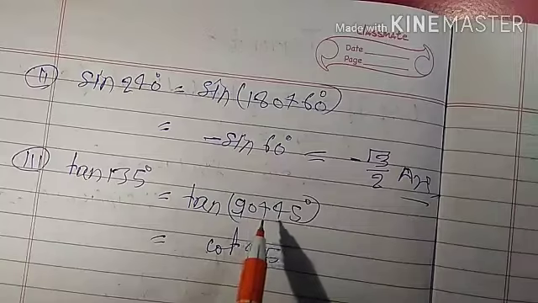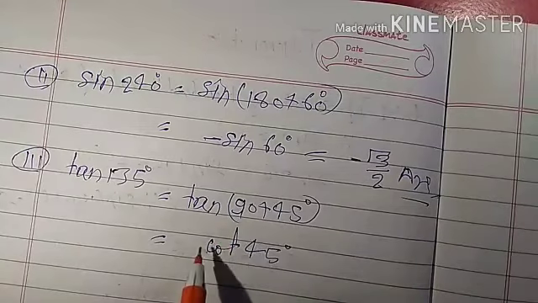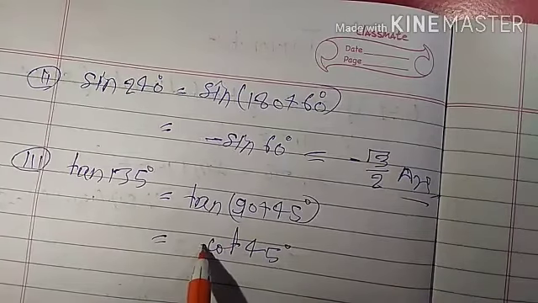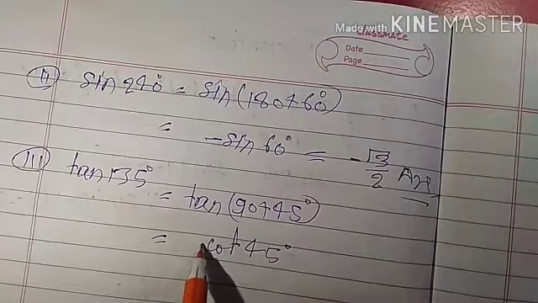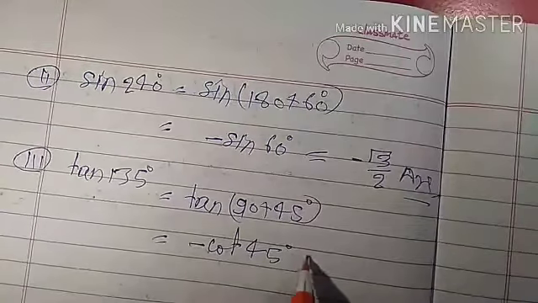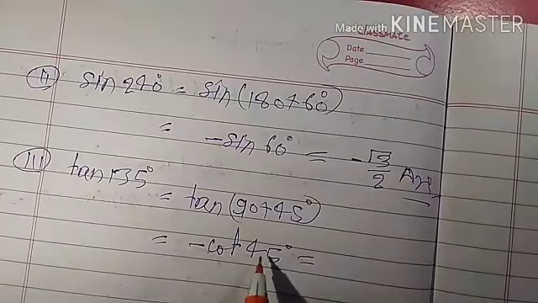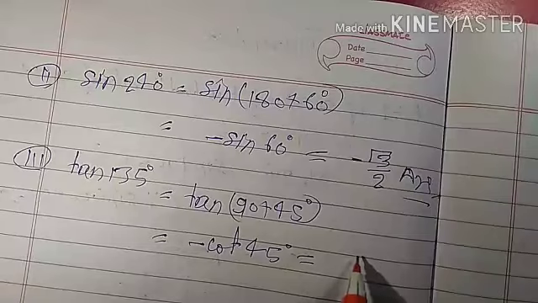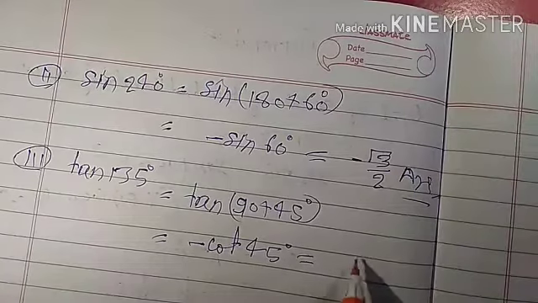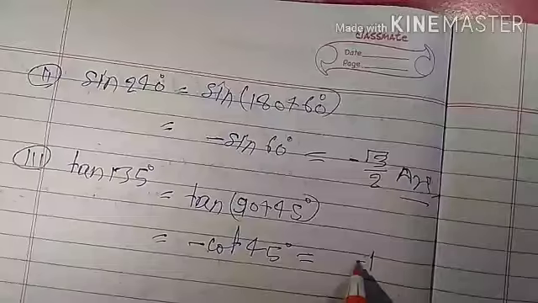And 90 plus theta is in the second quadrant, where only sin theta and cosec theta are positive and the 4 other functions are negative, that is, tan theta is negative, so negative. The value of cot 45 degrees is equal to 1, so it is minus 1.